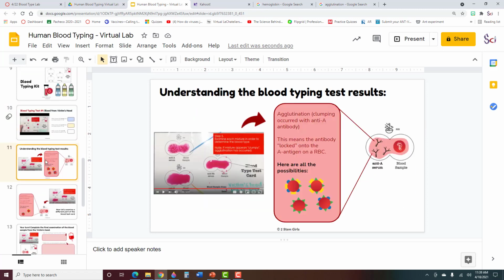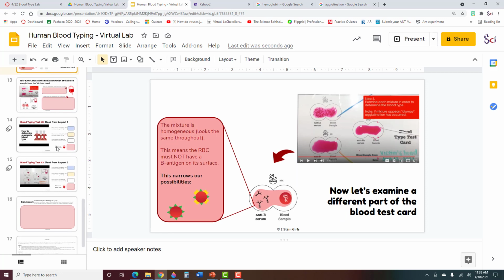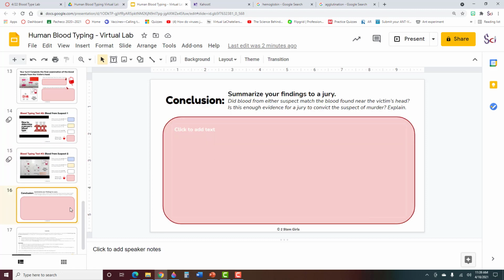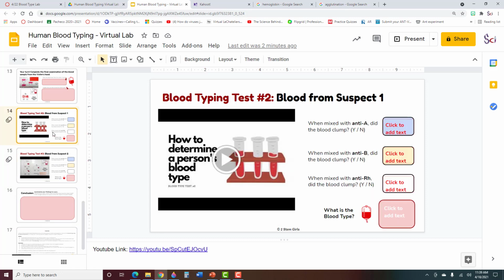So watch that video, type it in. This explains how that clumping works, and then you go through and do the other one for suspect 1 and suspect 2. Once you get that answer, who did it, you should be able to figure that out based on what you see here. So that is that assignment.